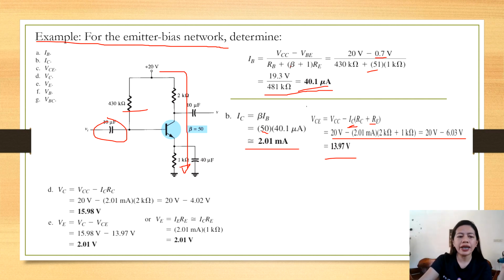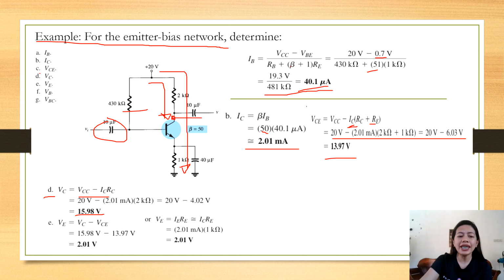Next, now we go to the VC. Solving for the VC, VC is just the voltage across here, so the looping should be until here only. That would be VC is equal to VCC minus ICRC, which is 20 volts minus 2.01 milliamperes times 2 kilo ohms, that would be 15.98 volts.